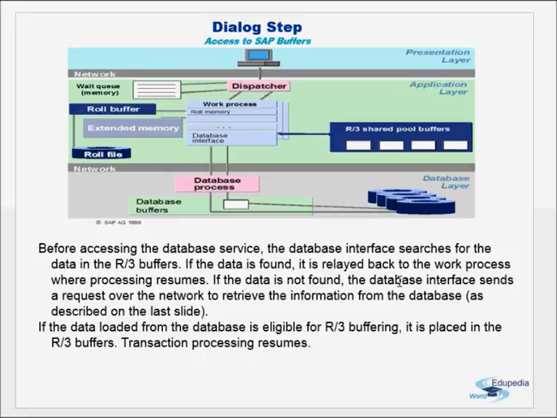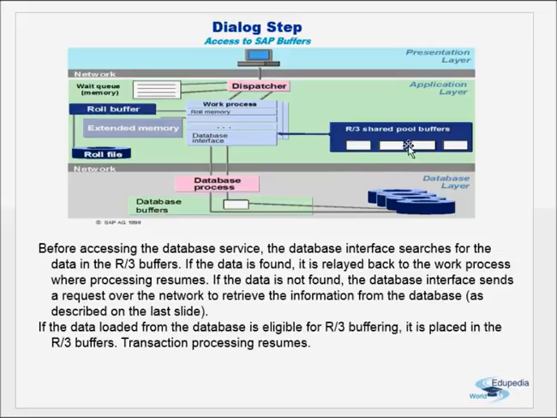If the data loaded from the database is eligible for R3 buffering, it is placed in the R3 buffers. Transaction processing resumes. So first, before making a call to the database, it will check in the R3 shared pool buffers. Every instance has some buffers. There are different buffers like program buffer, table buffers, factory calendar, all these things.